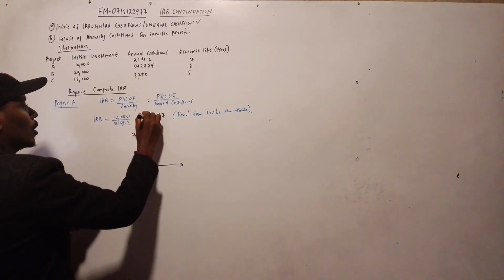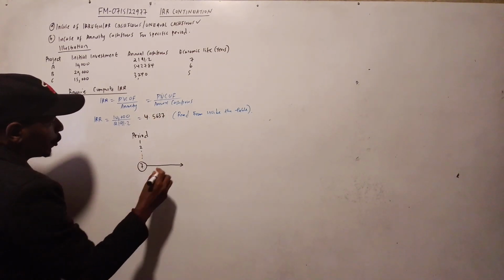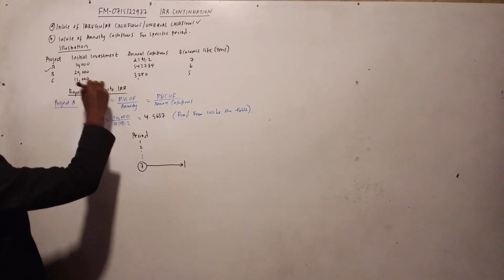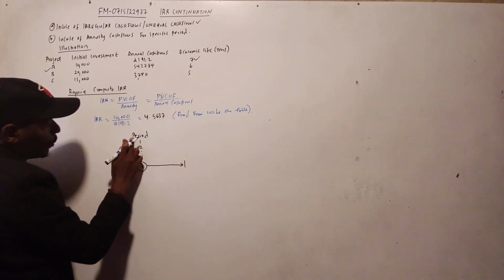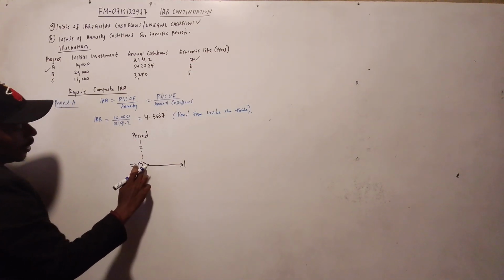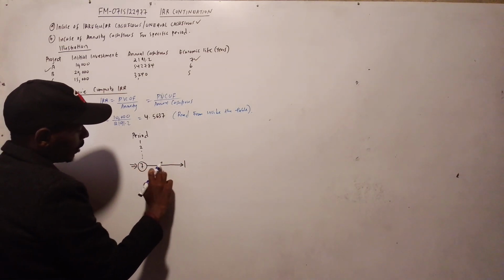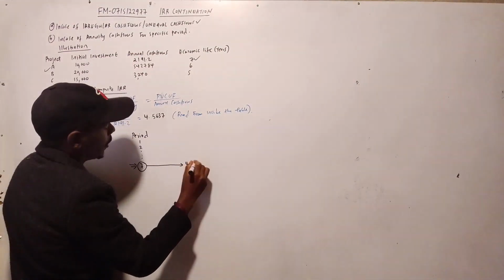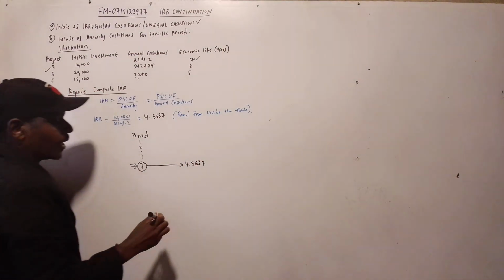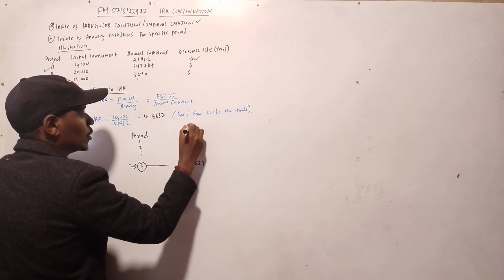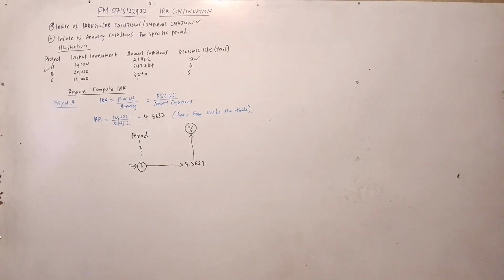Once you get this figure, you go to your table and locate it. We start with project A, which is 7 years. So you go to the 7 period, then follow that line until you get this figure, 4.5637. Once you find it, you go up and look at which rate it is at. That rate becomes your IRR.